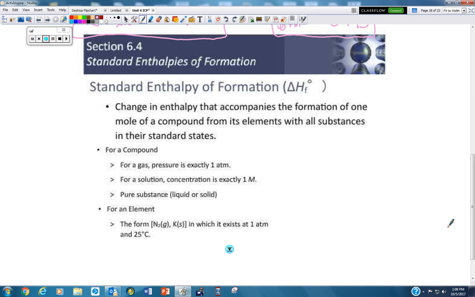The table that you'll be looking at is what's called the enthalpy or heat of formation. And if you look at the third column where it has the symbol delta H with the little knot symbol and an F down there, what this knot symbol means is standard conditions.